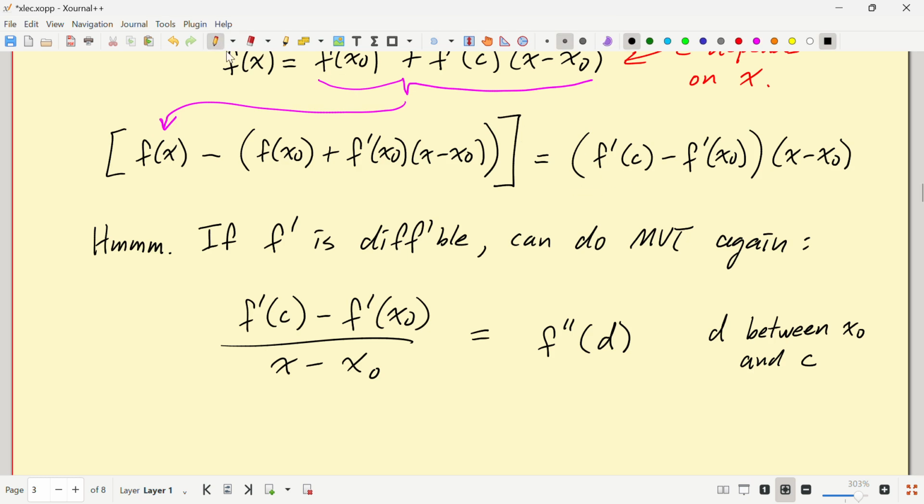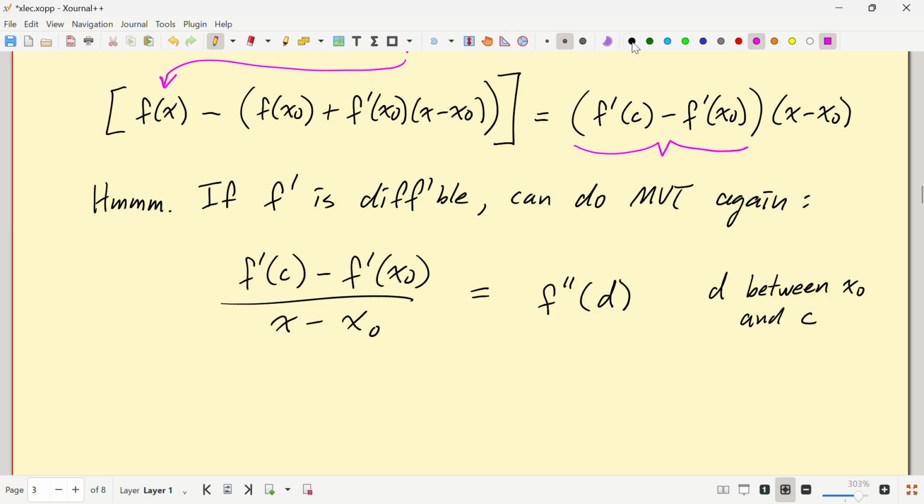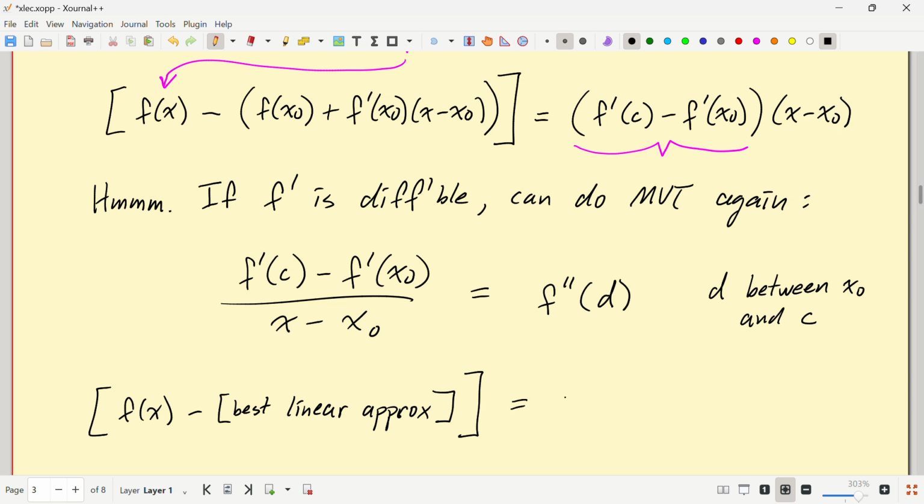And if I put the x minus x naught on the other side, I would get that f(x) minus the best linear approximation equals f double prime of d times x minus x naught squared.